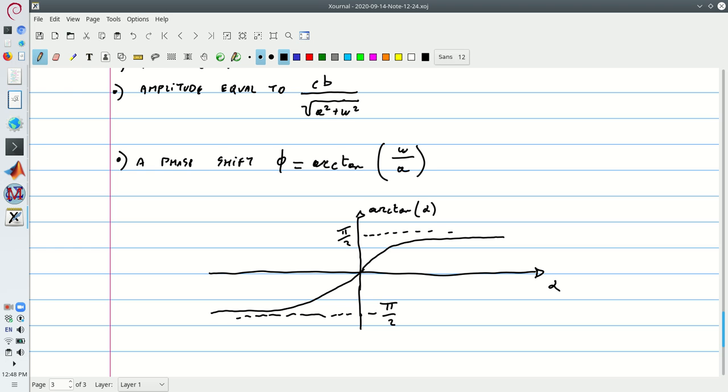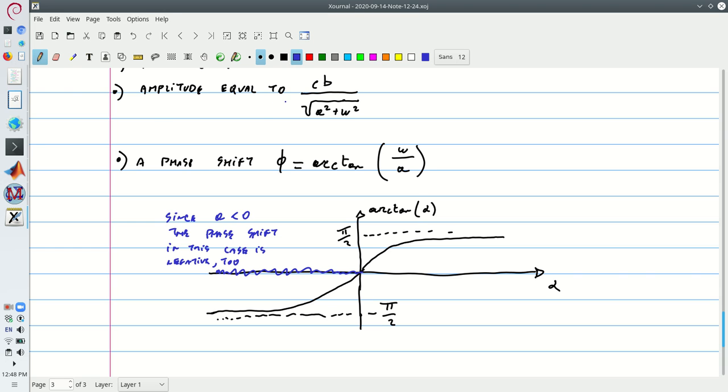Since A is strictly negative, omega is positive, then what you're going to see here in the specific case is that your phase shift is always going to be negative. So that's where we are here. Since A is negative, the phase shift in this case is negative.